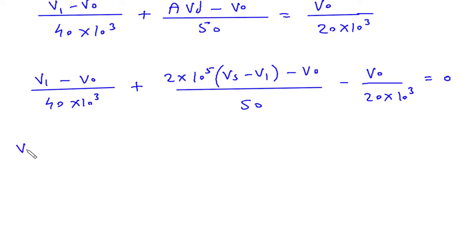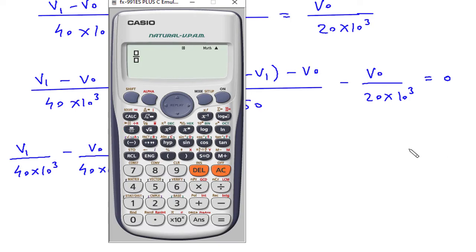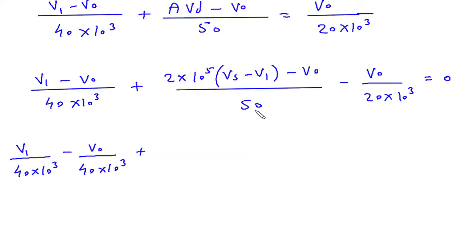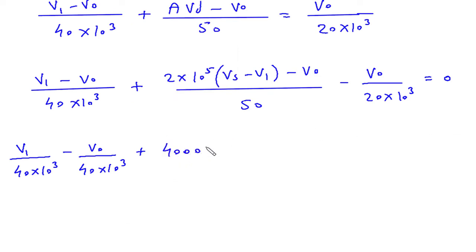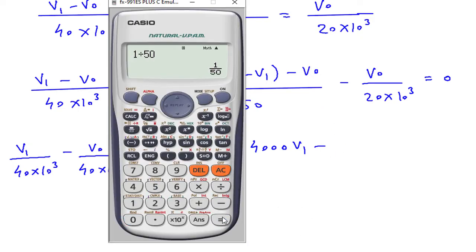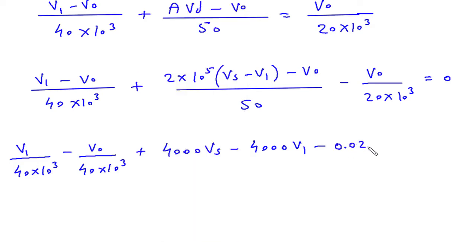Now this will be V1 by 40 into 10 to the power 3 minus VO by 40 into 10 to the power 3 plus 2 into 10 to the power 5 divided by 50, so it is 4000 Vs minus 4000 V1, then minus 1 by 50, so 1 by 50 is 0.02 VO minus VO by 20 into 10 to the power 3 is equal to 0.